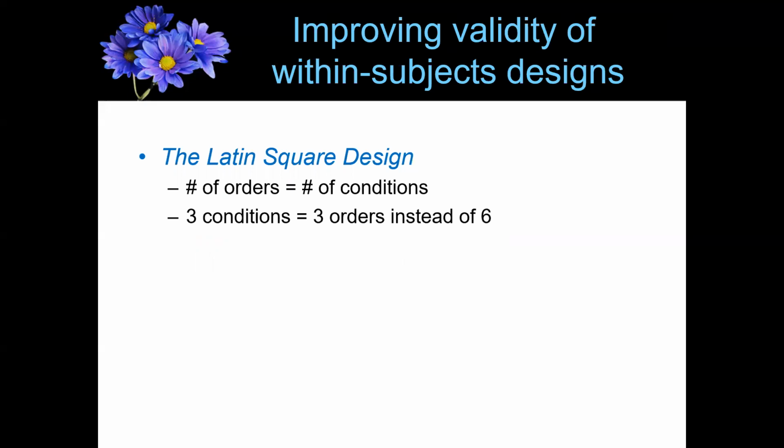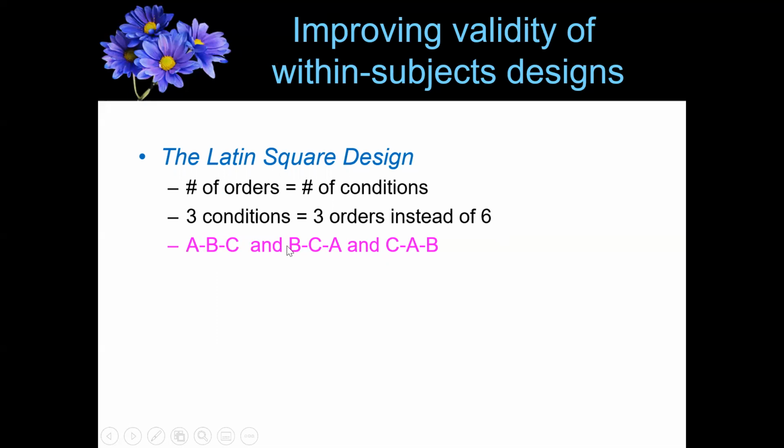So here's what that looks like. Rather than going through every possible combination, you're basically just going to shift everything one way. So if you have ABC as your first version of the experiment, then you're also going to shift everything left. So it's ABC with B second.